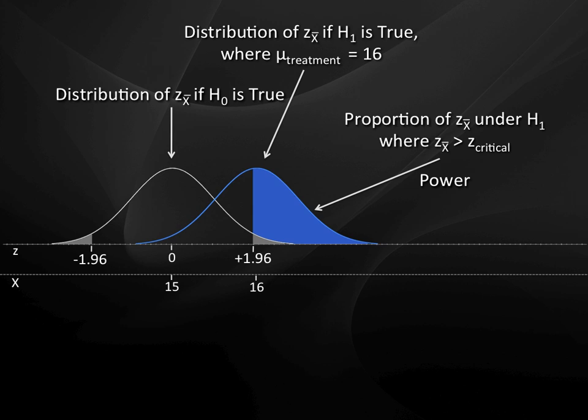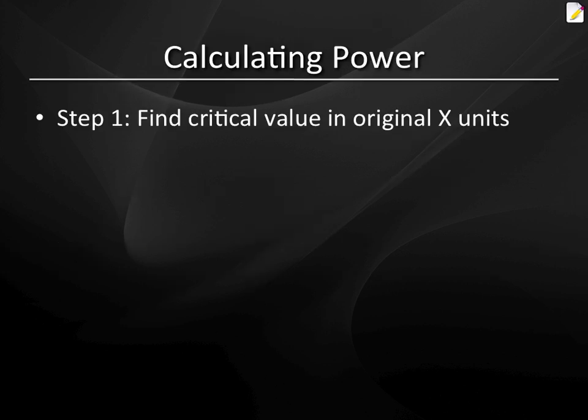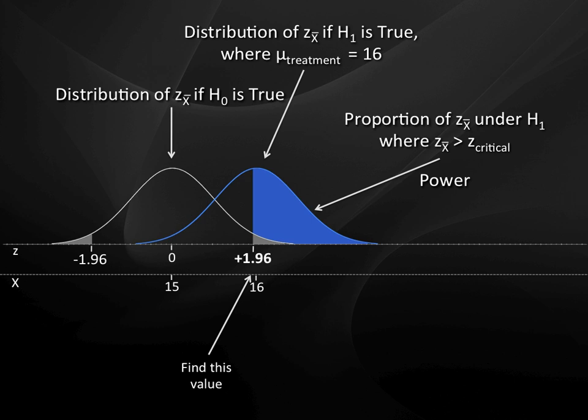All right, so what we're trying to do here is calculate this proportion. So the first thing we need to do, and it will make sense why in a second, is find the critical value, that is that 1.96, but in the original X units, in the units of hours on Facebook. So what we're looking for is this value, the one that corresponds to 1.96 standard errors relative to the null distribution, that z-score of 1.96.